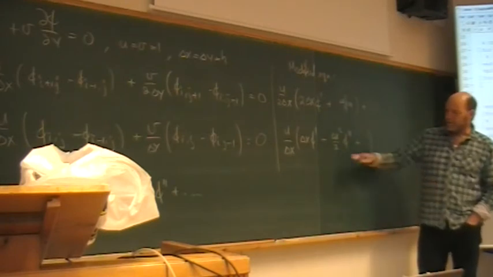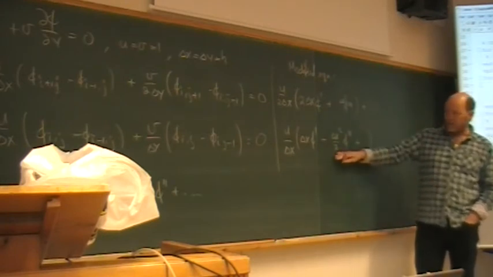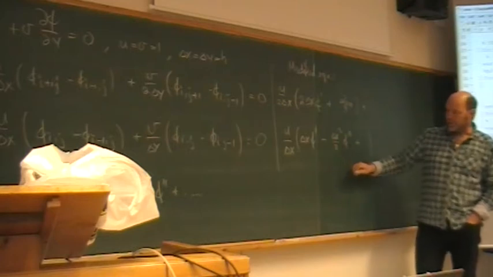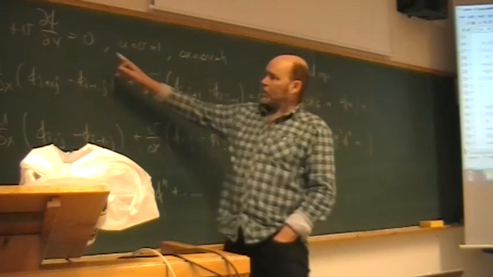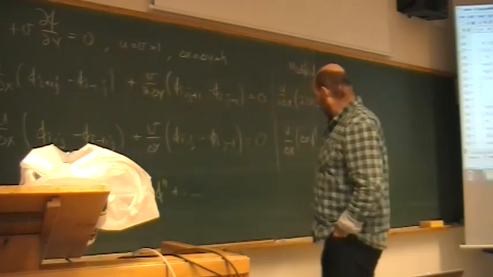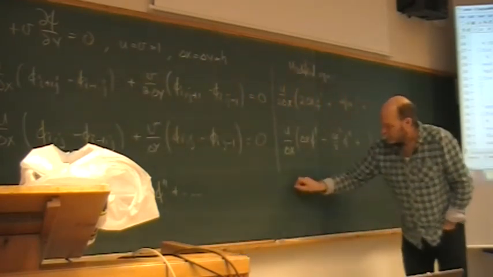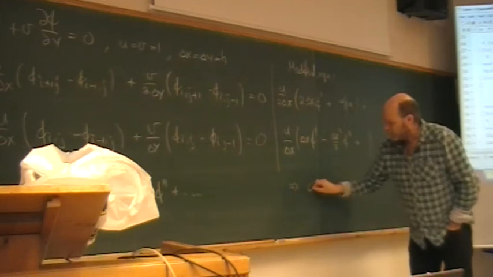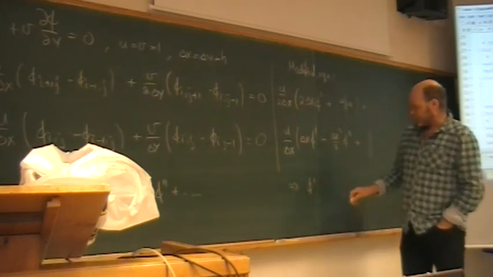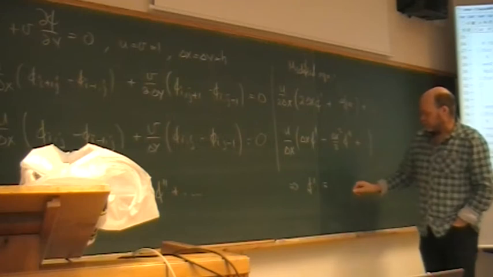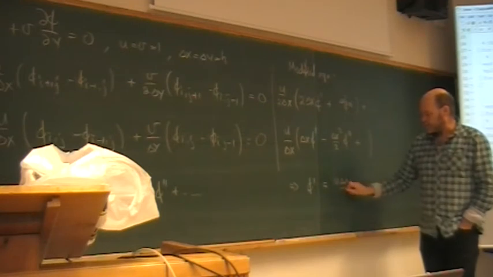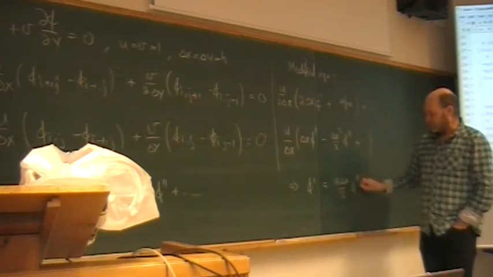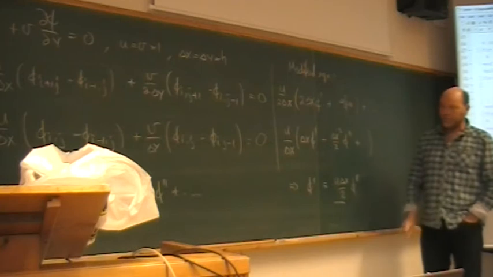And last, throw this one on the other side. What do we get? You will get a term looking like plus when you throw it on the other side. So this one will mean phi derivative equals, what will it be, u delta x over 2 phi double derivative, something positive.